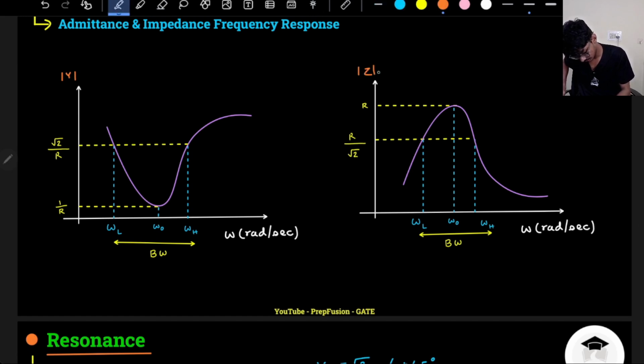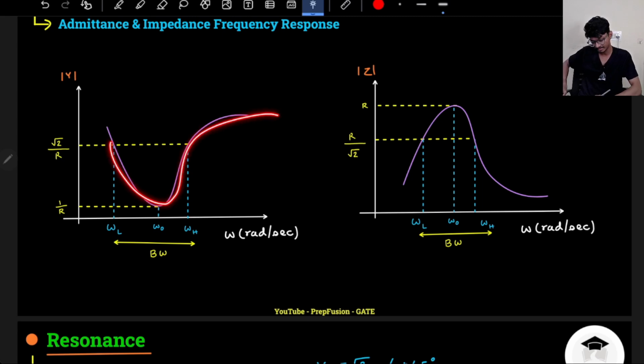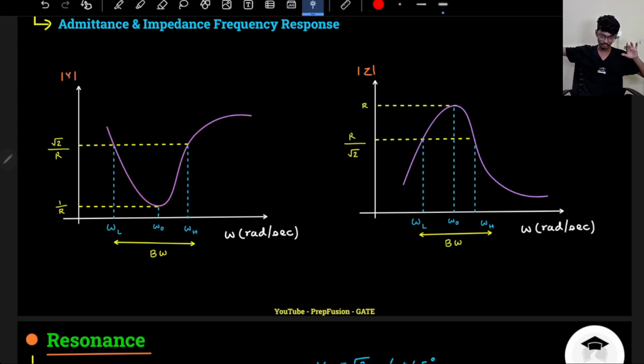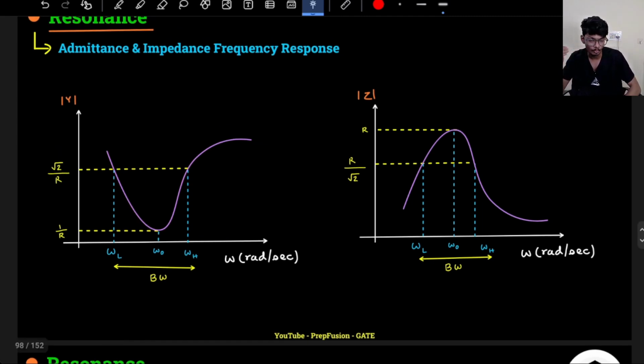If you see the graph of admittance, admittance is very high at 0 frequency or infinite frequency. Why? If omega is 0, omega L is 0, so the inductor is a short circuit. So the admittance will be 1 by omega L, and 1 by 0 is infinity.